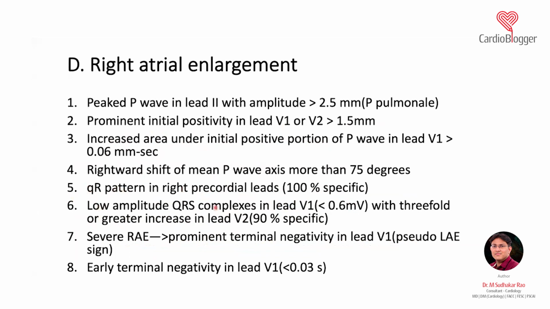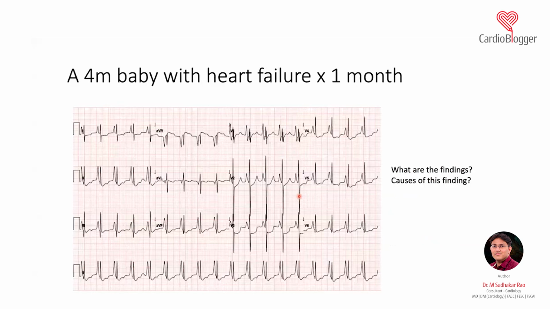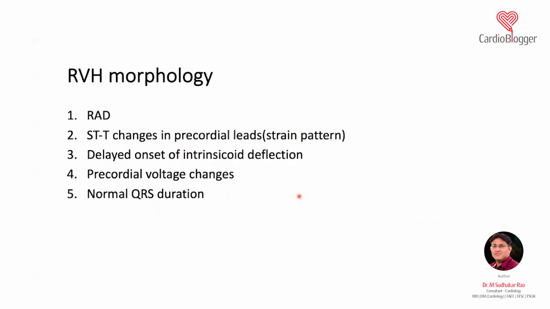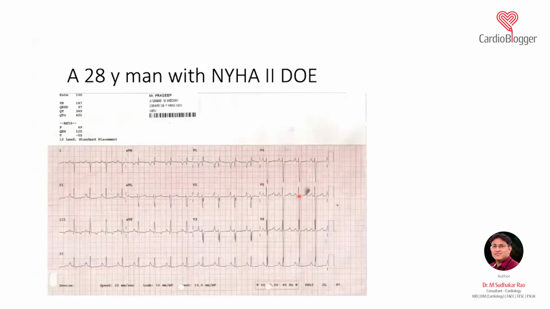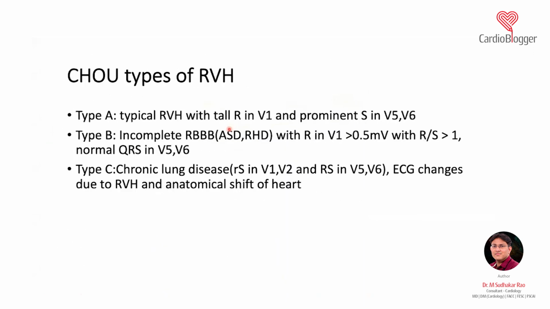A QR pattern in V1 is suggestive of right atrial enlargement. I'll show you a few ECGs. QR, can you see? A Q and R in V1 suggests that there is a right atrial enlargement, and this sign has 100% specificity for right atrial enlargement.